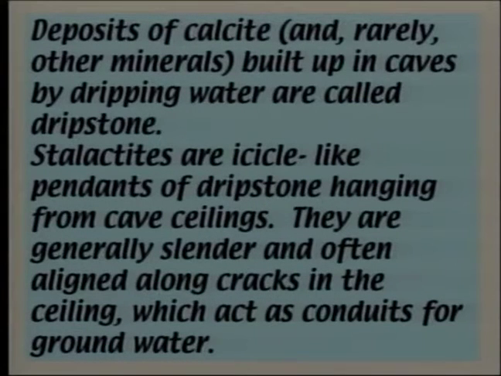To discuss a little bit more on stalactites and stalagmites, which have to do with dripstone, the information from the monitor here says that deposits of calcite, and rarely other minerals, build up in caves by dripping water, and they are called dripstones or dripstone.